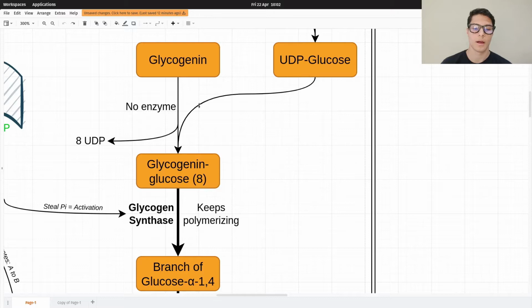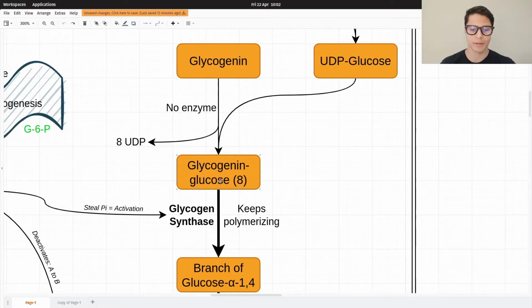UDP-glucose gets converted into glycogenin-glucose up to 8. Okay, so why do we have an 8 here? This is because we have only one glycogenin molecule and we have several UDP-glucose molecules. But without any enzyme, we can put together 1 glycogenin and up to 8 UDP-glucose.